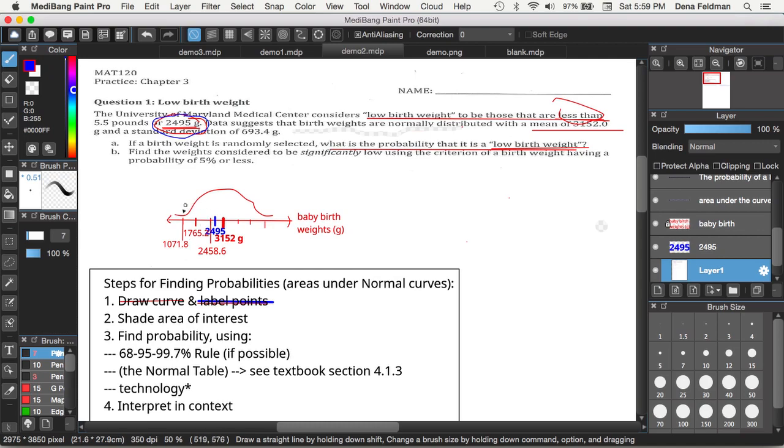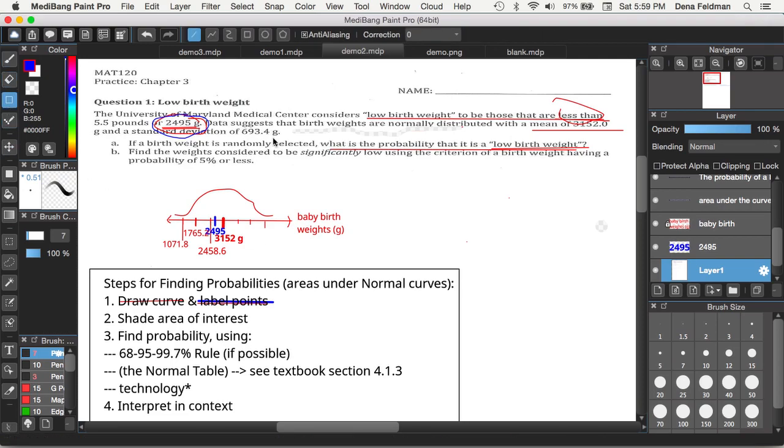If you're interested to know about probabilities, we're interested to know what proportion of all of this area inside of this bell-shaped curve and the flat line is less than 2,495, which proportion of the babies would have this low birth weight, less than 2,495.